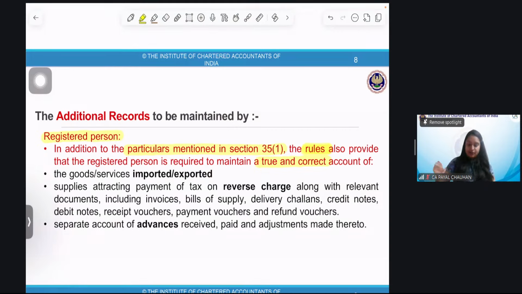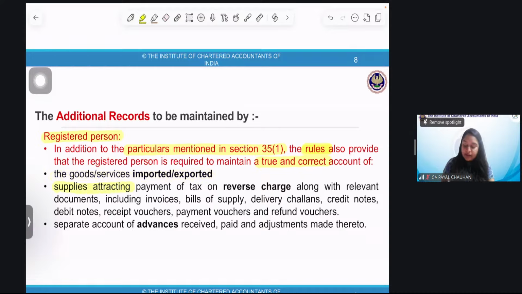Now, additional records. So, the goods and services imported and exported. If my work is related to import or export also, then I have to make a record about the goods and services which I imported and the goods and services which I have exported.